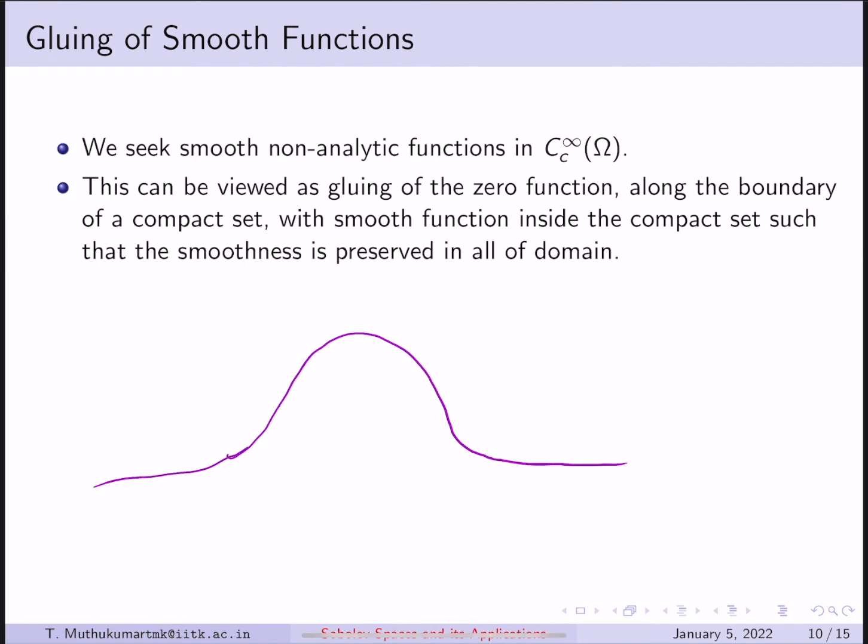And it should fall down to 0 nicely, smoothly, in the sense that it should not break the differentiability, because you need infinite differentiability in omega. So it should fall down to 0 in a nice, smooth way. That is the kind of function that you're looking for.